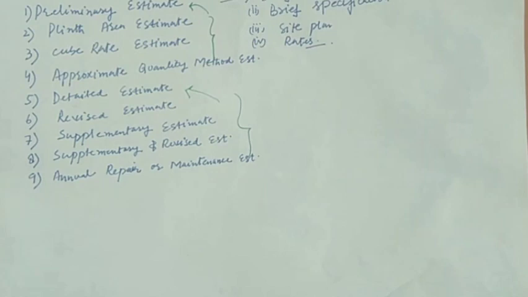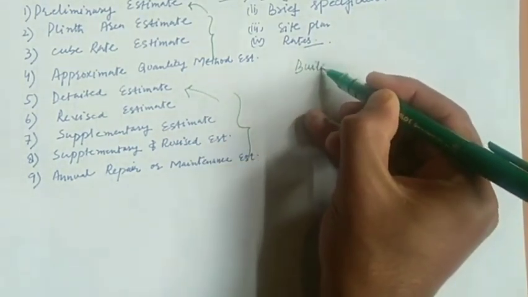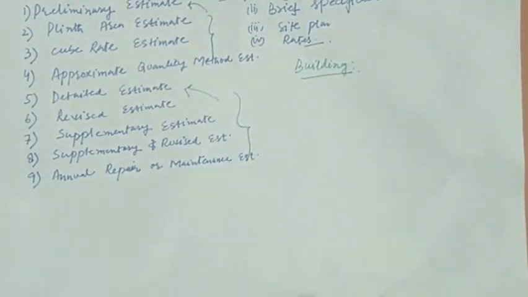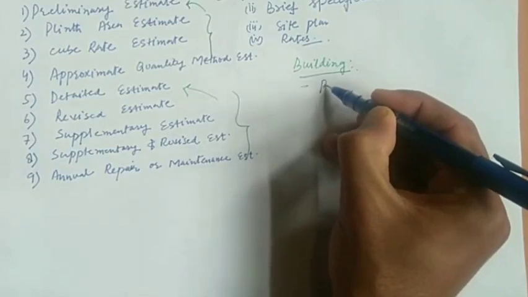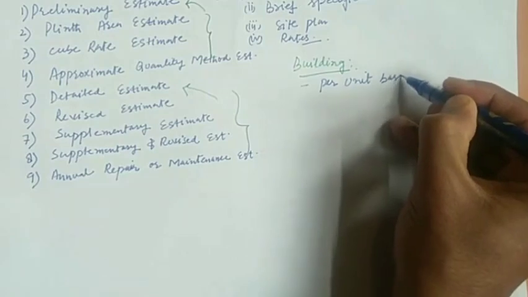Now, there are different ways by which this estimate is prepared. First of all, talking about the building. In case of the building, the preliminary estimate is prepared on a per unit basis.